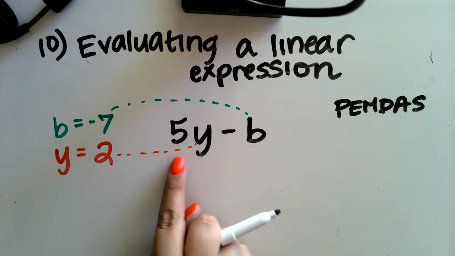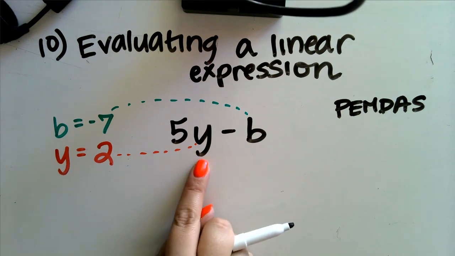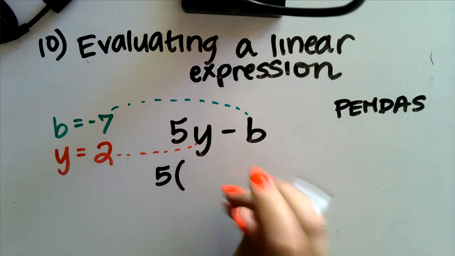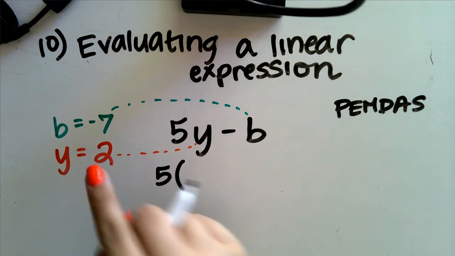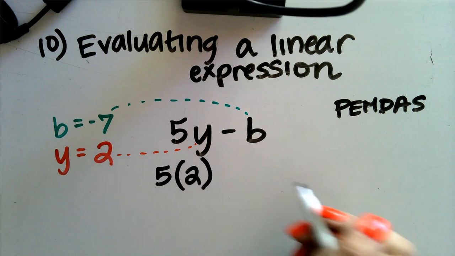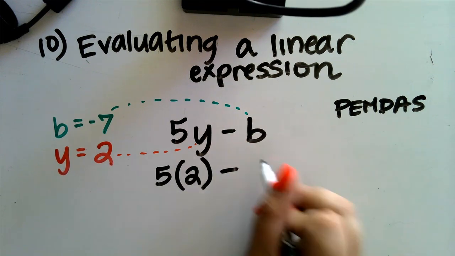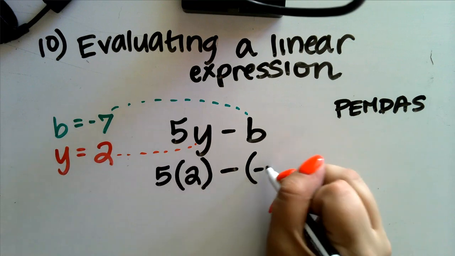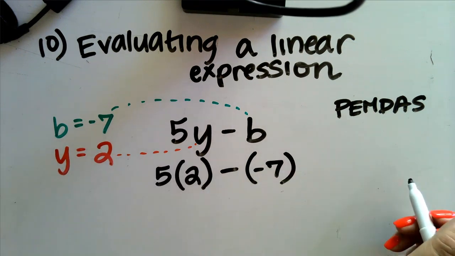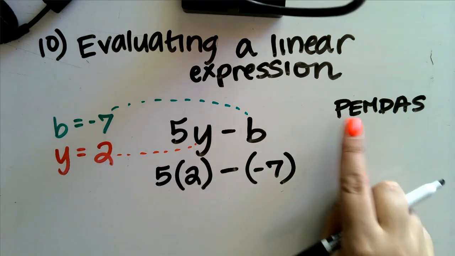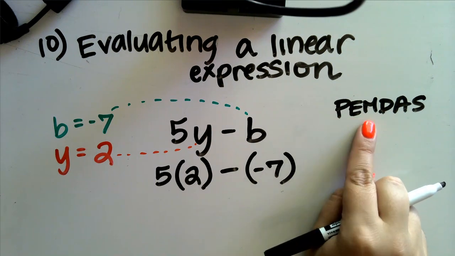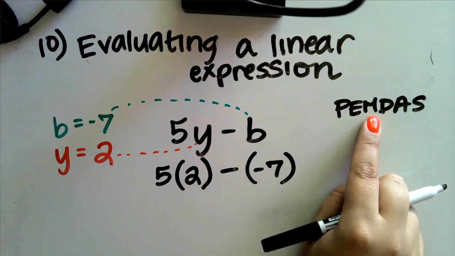Just a reminder, anytime I see a number with a variable right next to it, that means multiplication. Now I'm going to write in the value that I know that it's equal to, 2 minus that substituted value of b, which is -7. Okay? Same thing as before, we're going to start with our order of operations. We got no parentheses, we got no exponents, but we do have some multiplication.